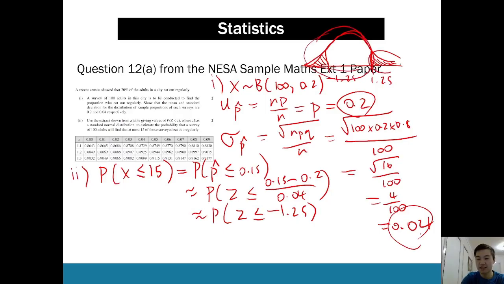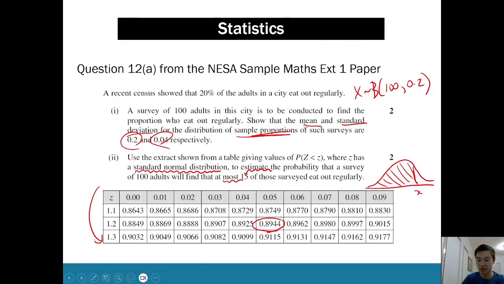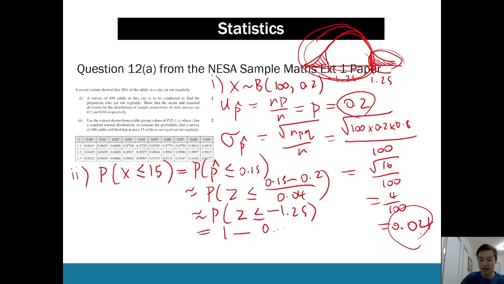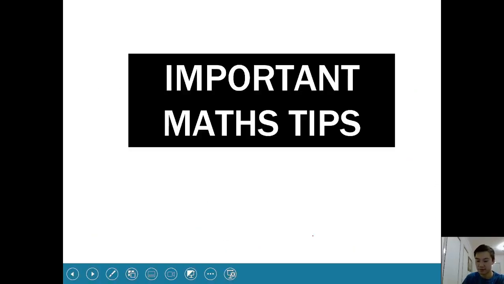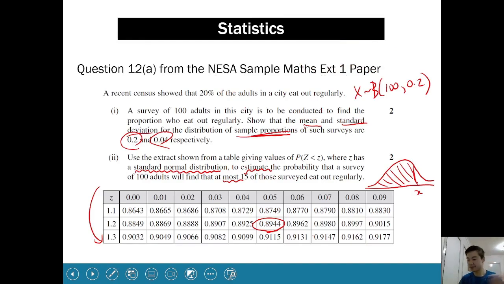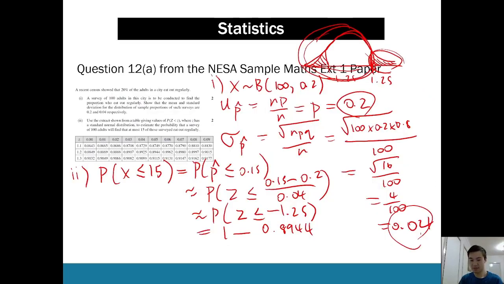So to find this area, we can subtract the value from the table from 1, because the area under the entire curve of the probability density function of the standard normal distribution should be 1. So this will be 1 minus 0.8944, which is 0.1056.